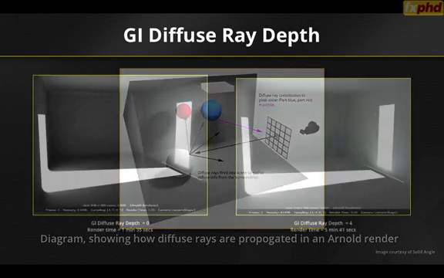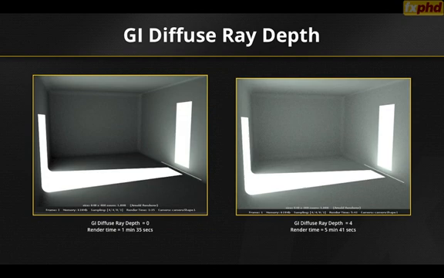Now this is an example. I only did a couple of renders for this one. This first scene is with a ray depth set to 0, though I've got my actual diffuse set to 4 and my AA set to 4, and you can see we're getting quite a nice image. It's not overly noisy, and it's taking about 1.5 minutes to render.